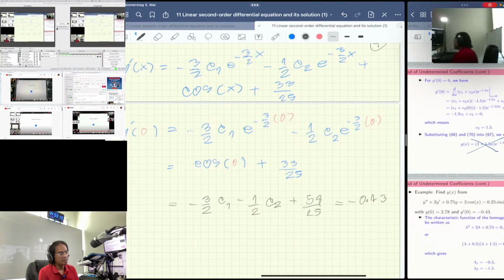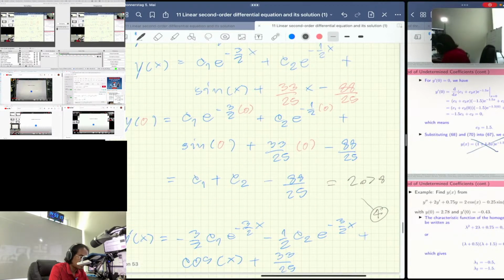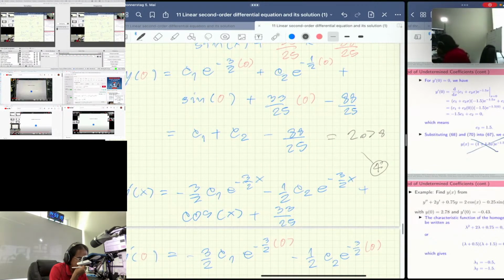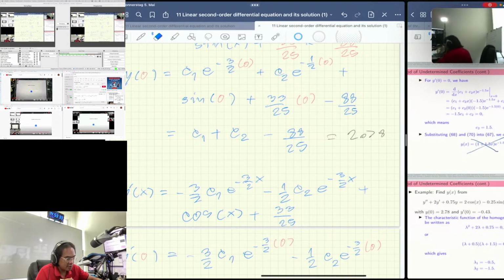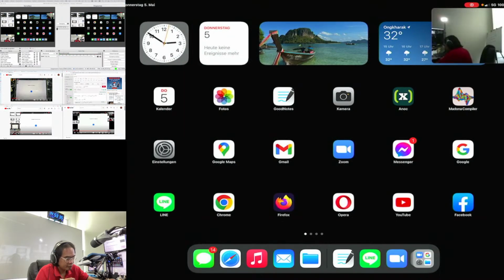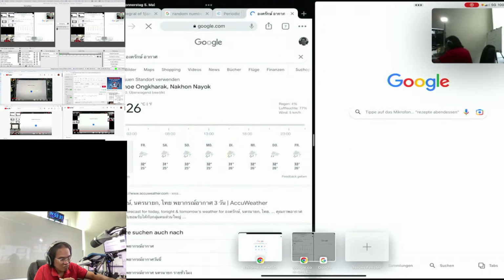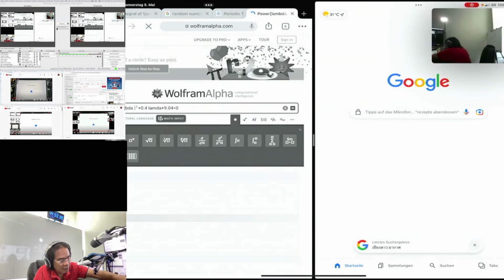Okay, in order to solve this, let's simplify this equation first. 88 and 25, right?